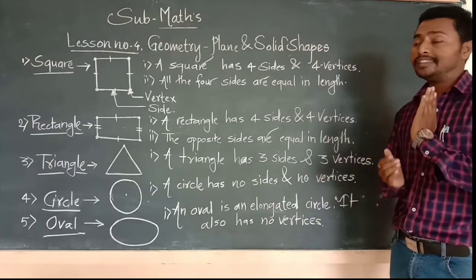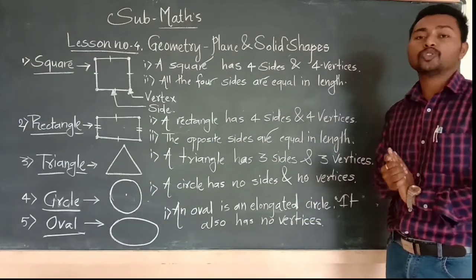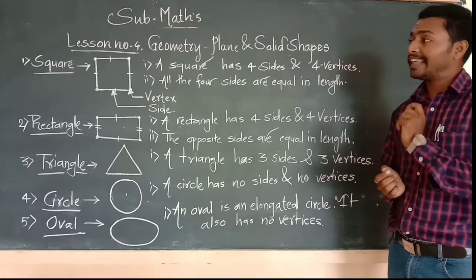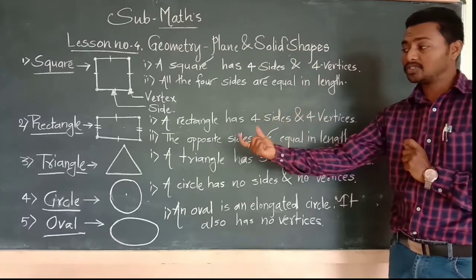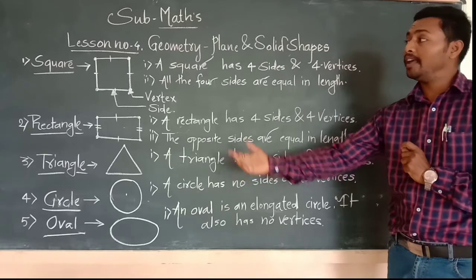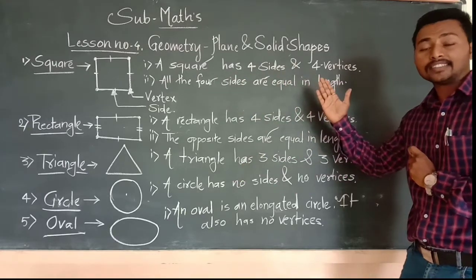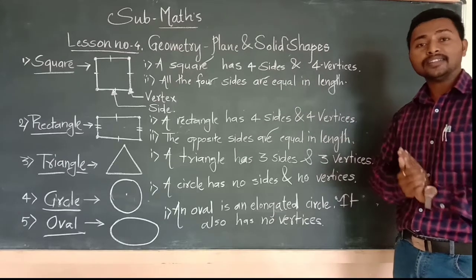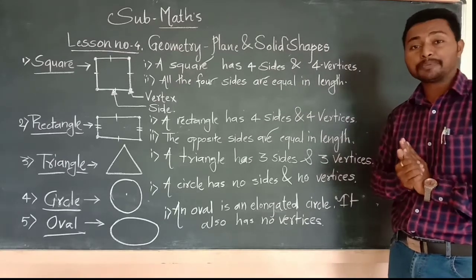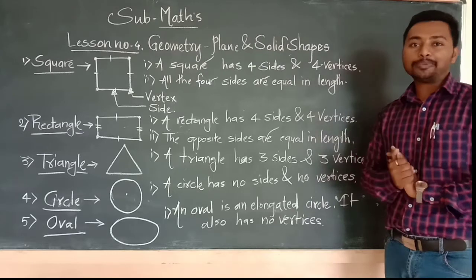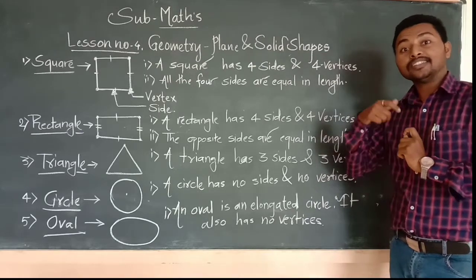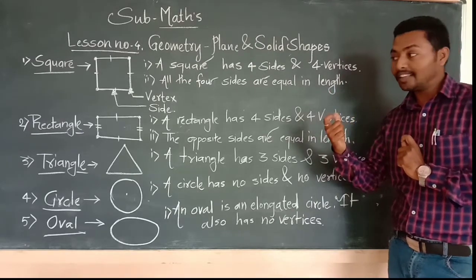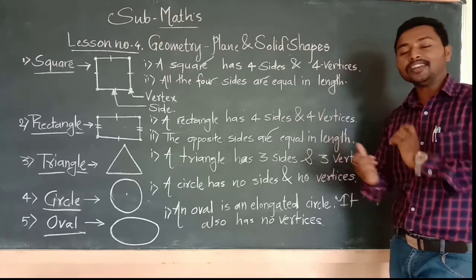Already I have been writing the various kinds of geometrical structures like square, rectangle, triangle, circle and oval, and also their characteristics, that means informative parts of various shapes. But before going toward the shapes, I would like to show you some objects like this square, rectangle, triangle, circle and oval.